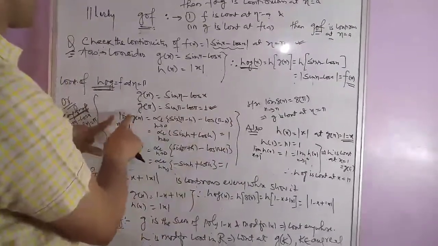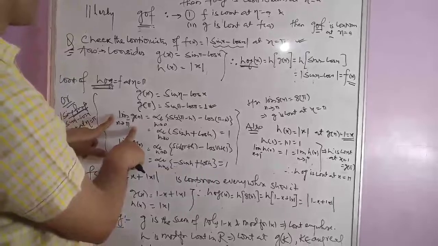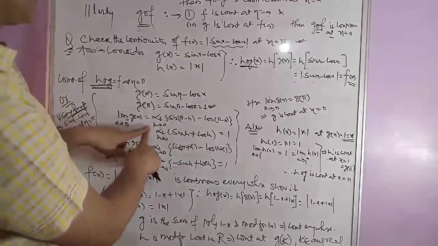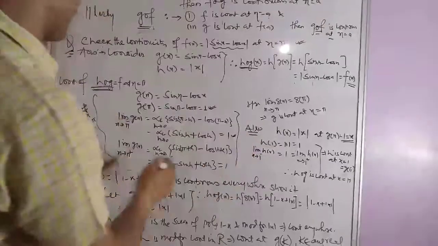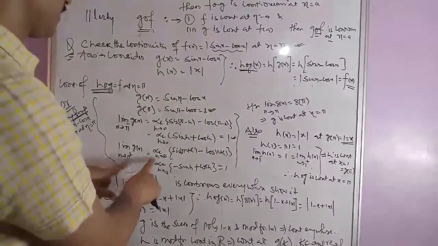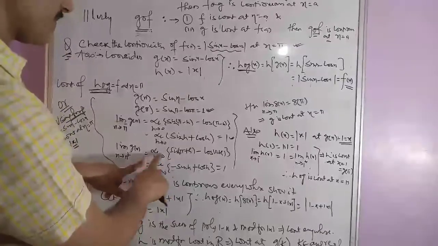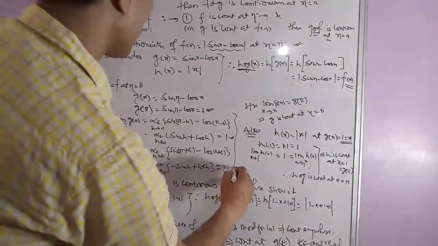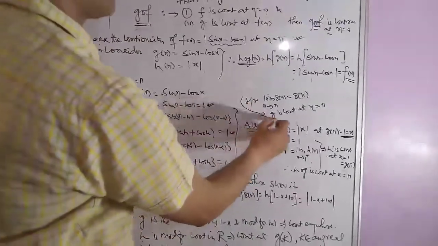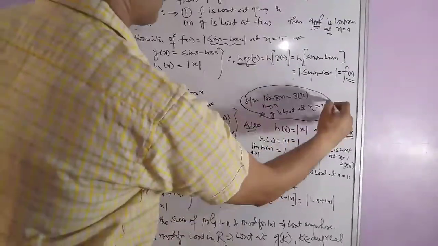So the limiting value of g(x) at x equal to pi from the left, we put x equal to pi minus h, this will give result 1. The right hand limit at pi, we put x equal to pi plus h, this will give result 1. Clearly the limiting value and functional value are the same, so g is continuous at x equal to pi.